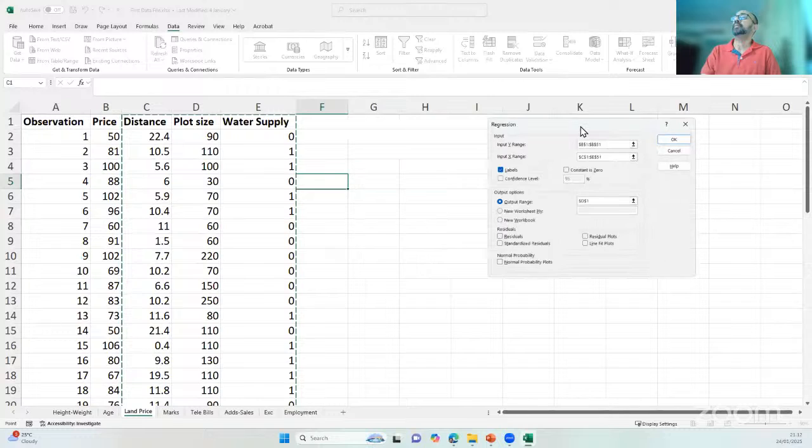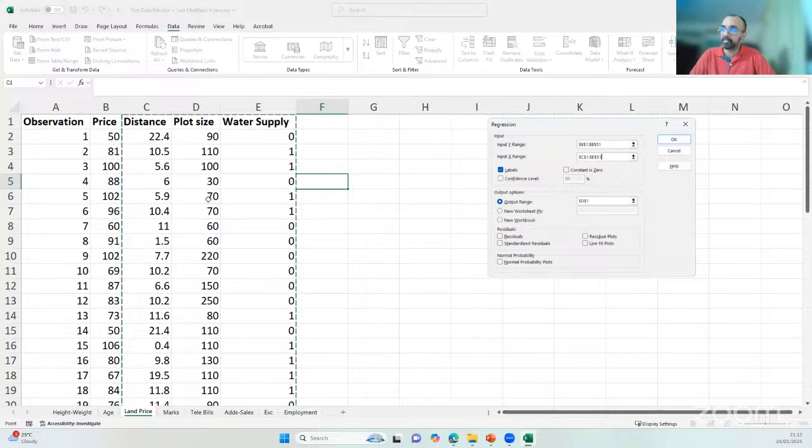Now, say the price was somewhere in the middle, then you can't select all three together because the price is in the middle. In that case, you first have to copy and paste or move it to a side corner, then have the other X variables together.